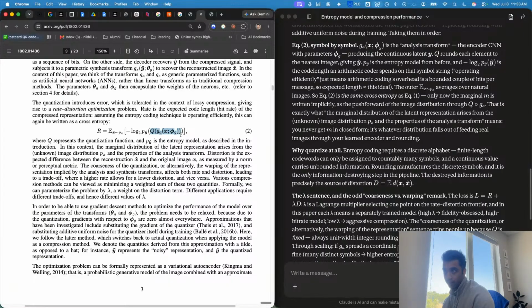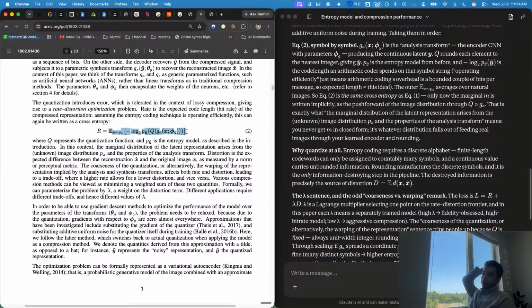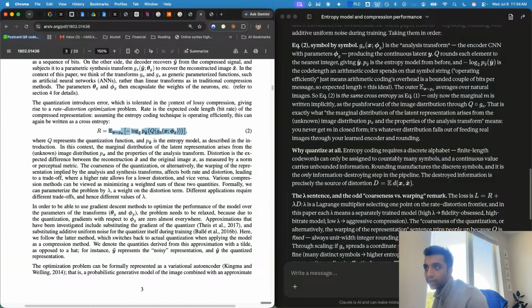Then you quantize that latent, and then you say what's the probability of that quantized latent under my entropy model, and then what is the implied number of bits that's required to represent that quantized latent under my entropy model, and then take the expectation of that. So this is the expected number of bits. If this thing is high, the code length is high; if it's low, then it's low.